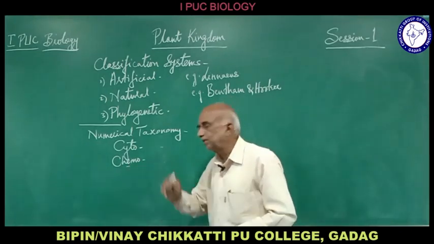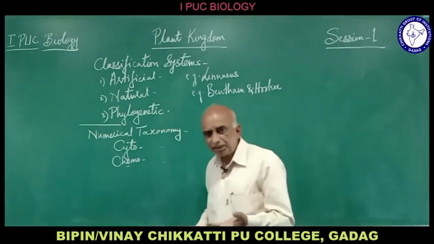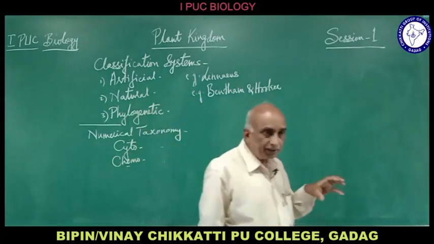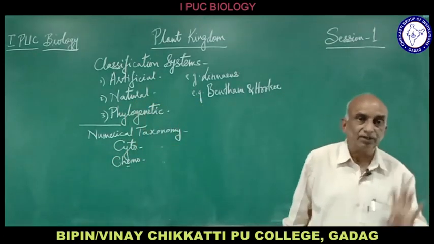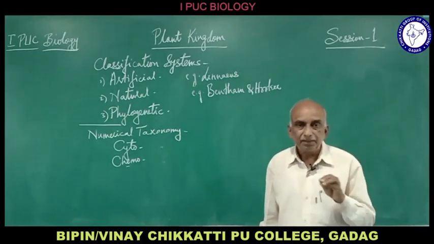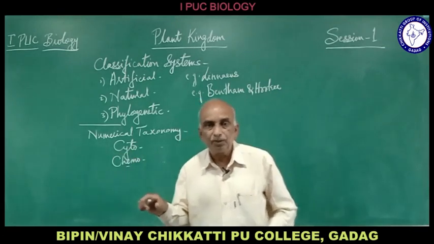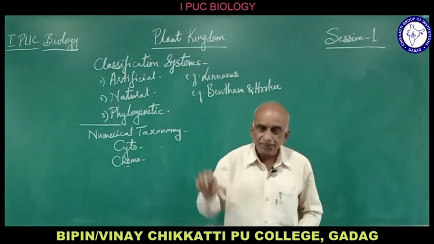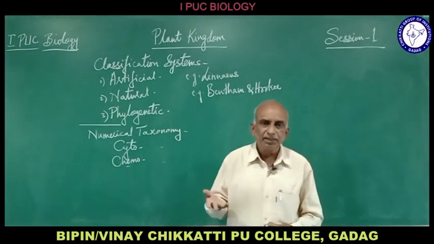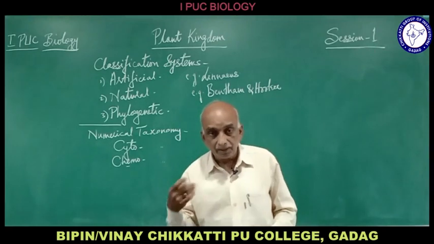Then chemotaxonomy, chemo, chemical. So here chemicals are taken into account. What chemical constituent is present in that organism. Based on the nature of the chemical constituents, that is taken into account and classification is done. It may be carbohydrates, proteins, fats, and some other inorganic substances.